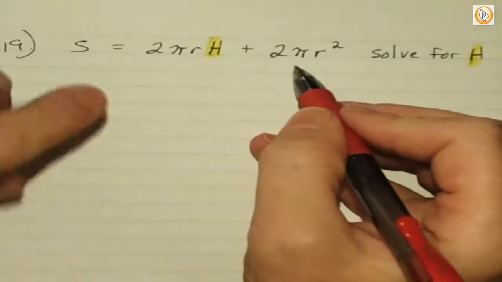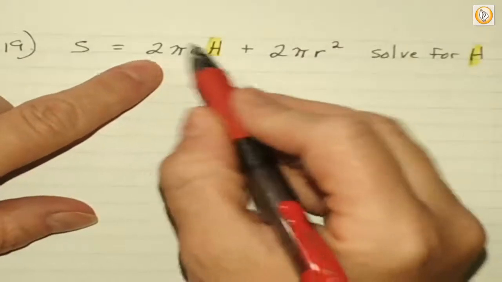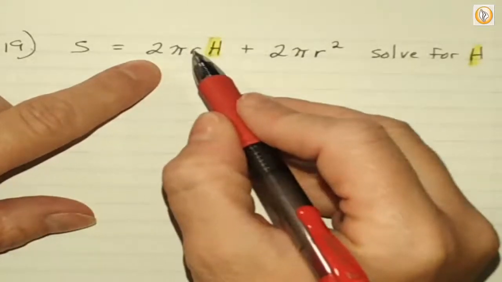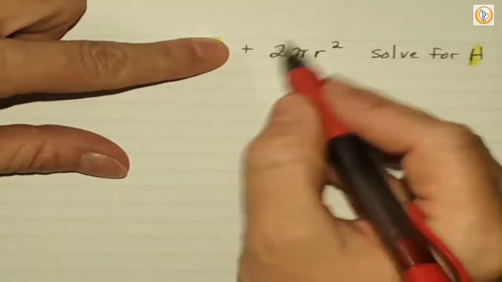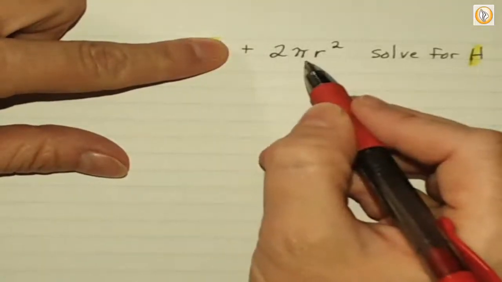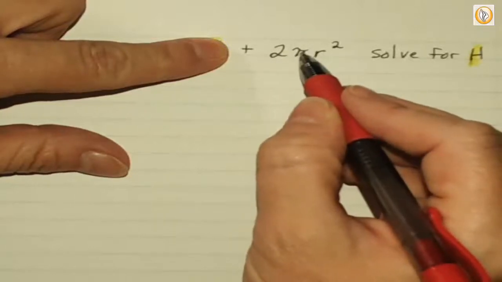Yes. Okay, so look here, guys. Look up here. This H is in this term together. So she said, let's go ahead and get rid of this term right here. And she's correct. That's kind of nice when it's all together like that.